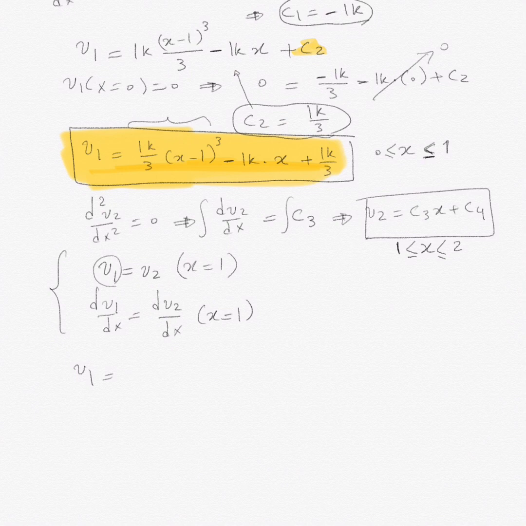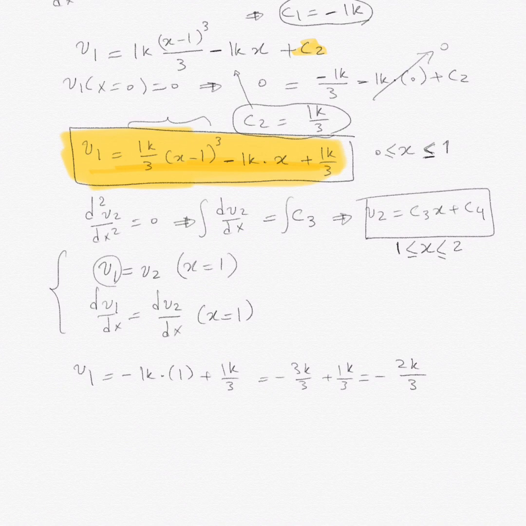The second term becomes negative 1k times 1 plus 1k over 3. So this is negative 3k over 3 plus 1k over 3, negative 2k over 3. So V1 at that point is equal to negative 2k over 3, right?